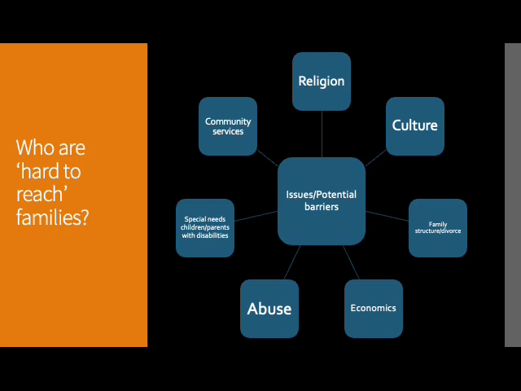Next week we're looking a lot at family structure and economics, and potentially some things to do with abuse as well. And so we want to make sure that we are understanding how, when and why we're going to approach each type of family. So we've looked at different family structures. Now let's look particularly at the idea of culture.